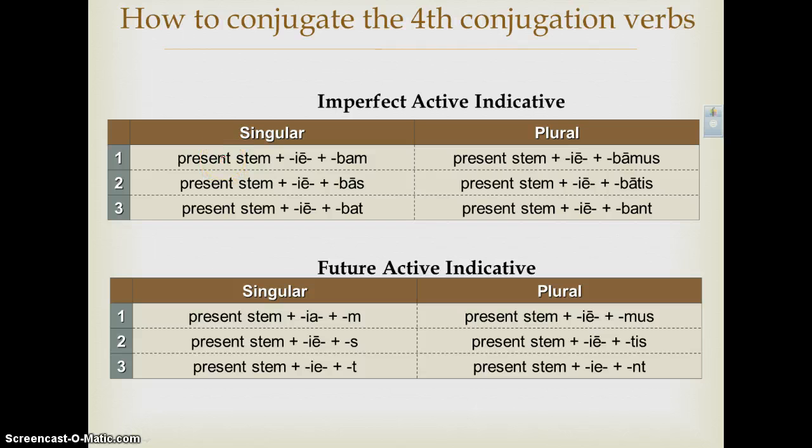Imperfect forms by getting the present stem, adding IE, and finishing with BAM, BAS, BAT, BAMUS, BATIS, BANT. Future: present stem, IA in the first person singular, IE in the second, third singular, first, second, third plural, plus your endings.